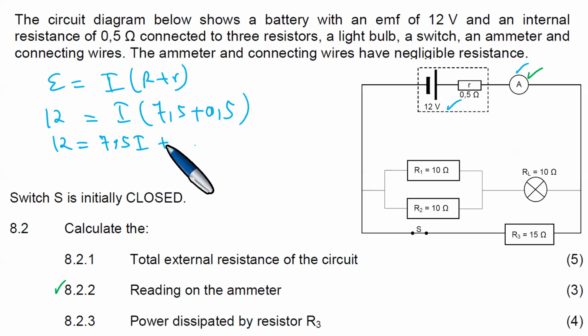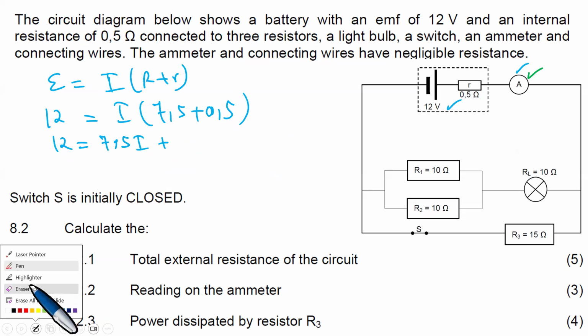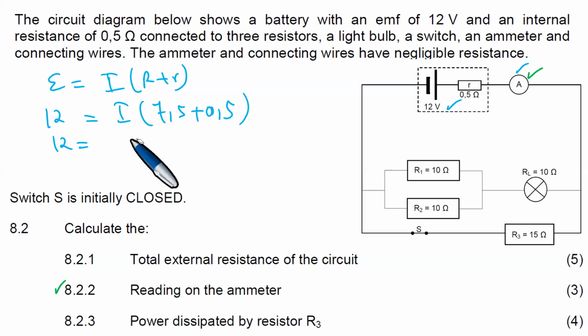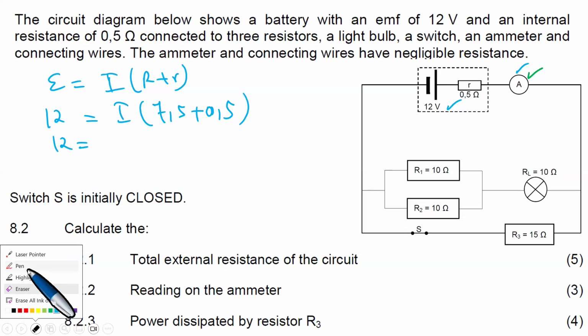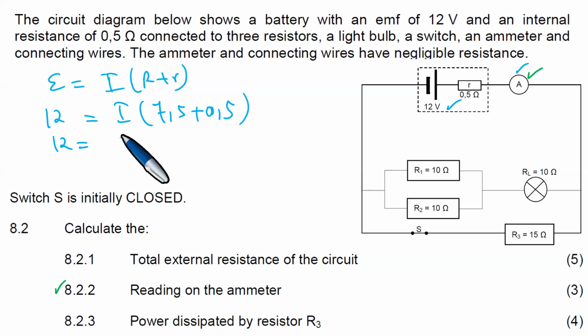Which is 12 equals 7.5 I plus 0.5 I. Okay, let us add these things here first. What is 7.5 plus 0.5? It's exactly 8. So it's going to give us exactly 8I. You have the 12 equals 8I. Divide by 8. Divide by 8. 4 goes how many times?